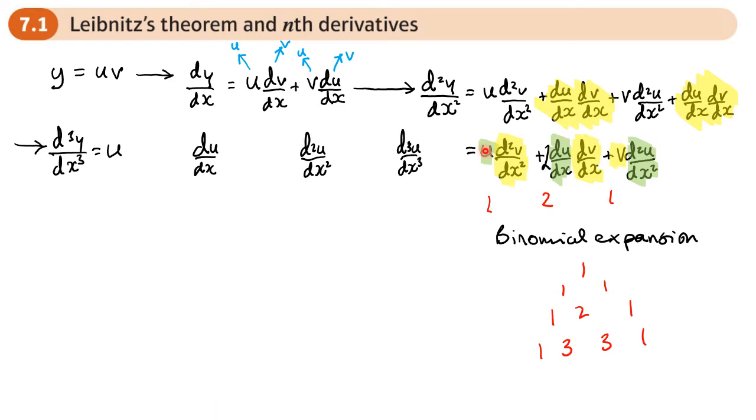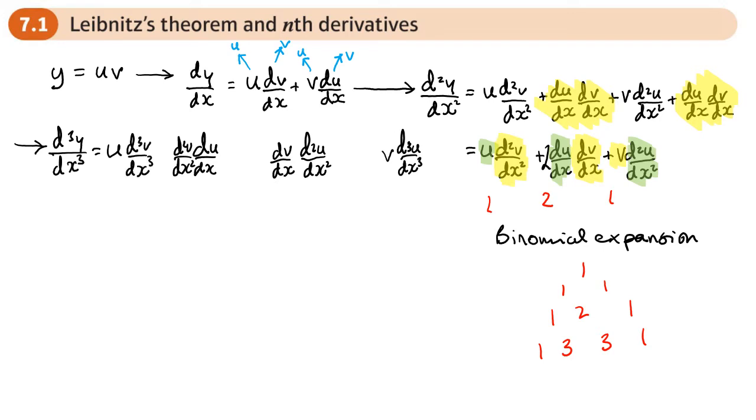So that follows the pattern here, the one in green. The other term, let's start at this end. This will be v, then dv/dx, then d squared v over dx squared, and then d cubed v over dx cubed.